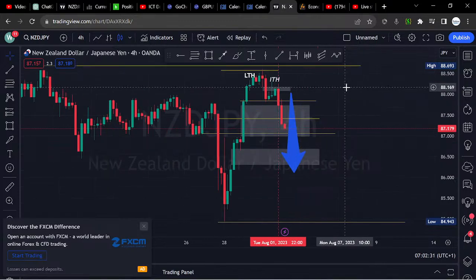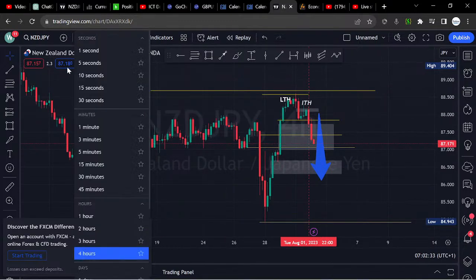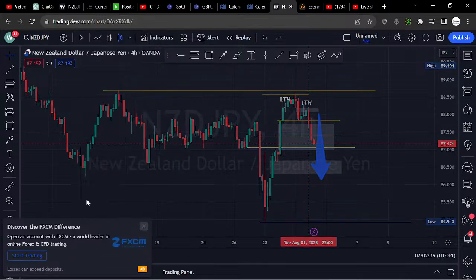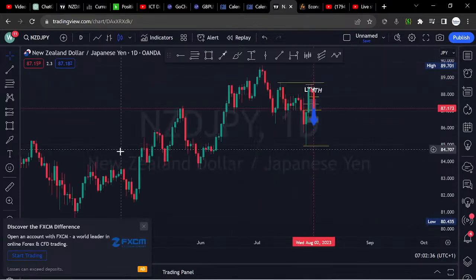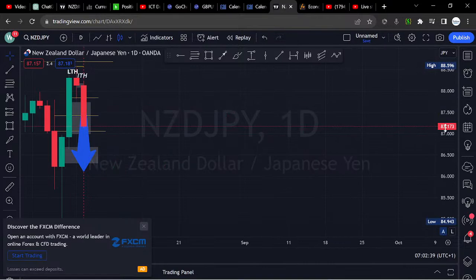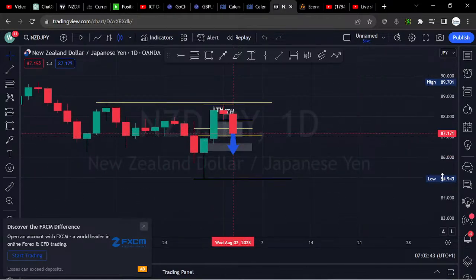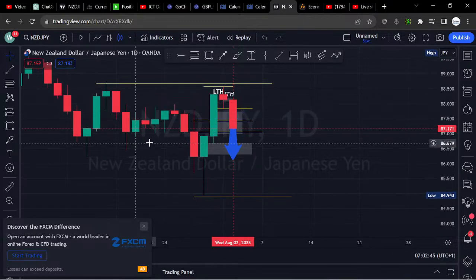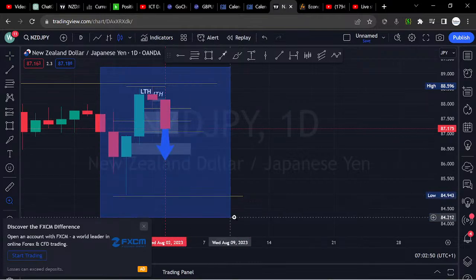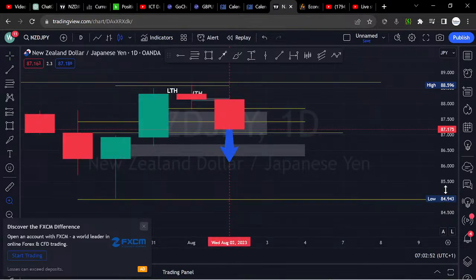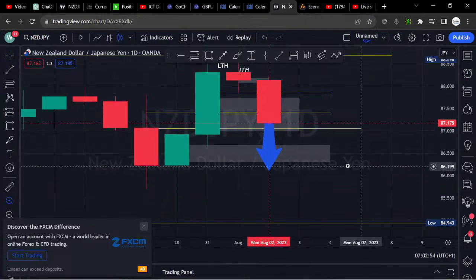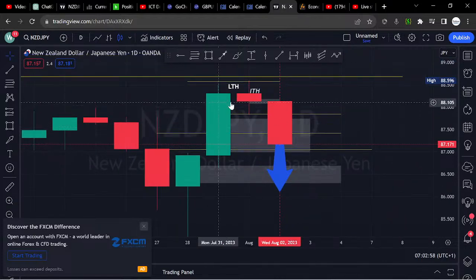Now if you look at what is here, let's look at it from the high time frame. Start from daily before we break it down. One of the things I explained last night was this: you could see this particular candle taking out this day's high.